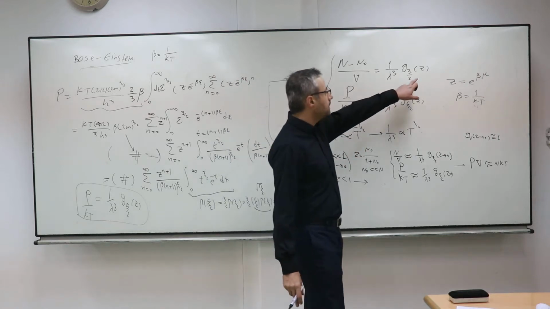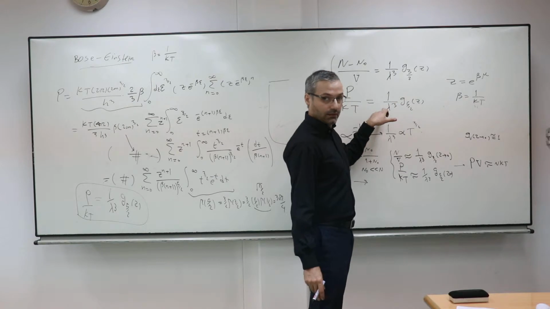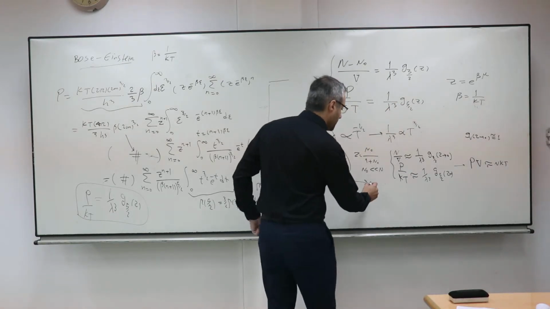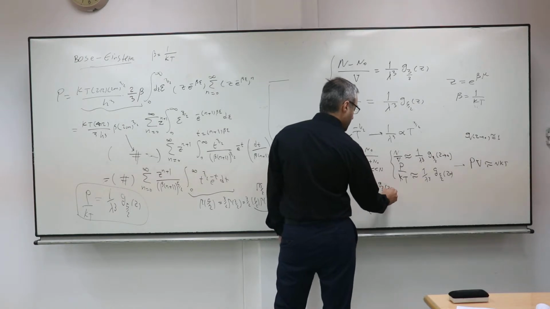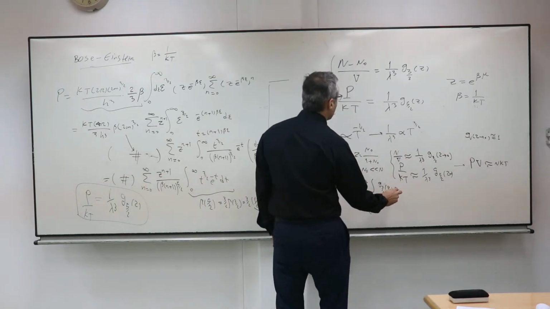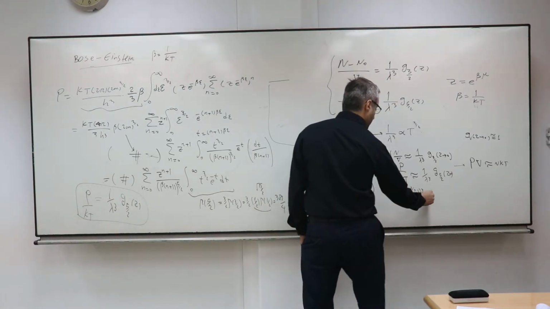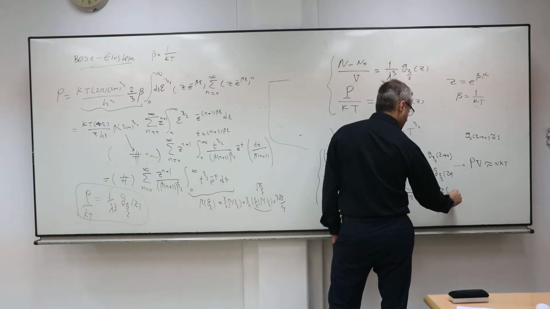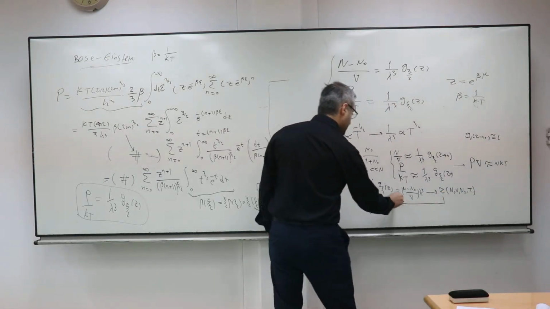That means you need to find z from this equation and substitute the z here. So in these situations, you need to solve this equation first, and get z as a function of n, v, n0, and t, and substitute that in the second equation.